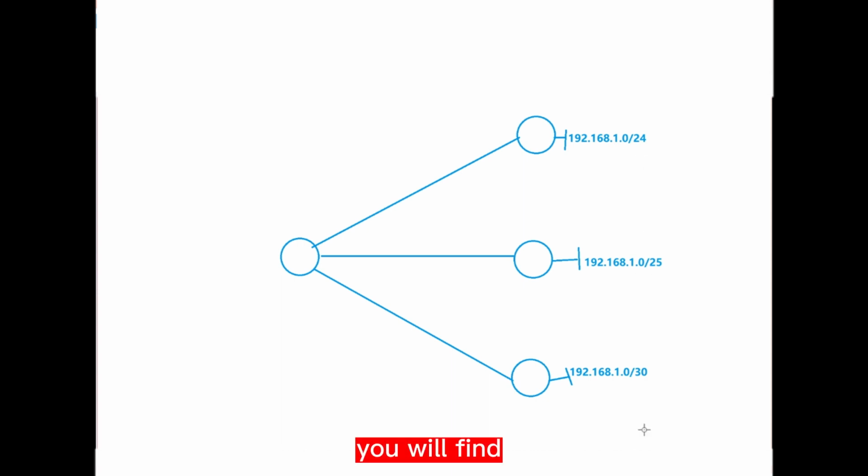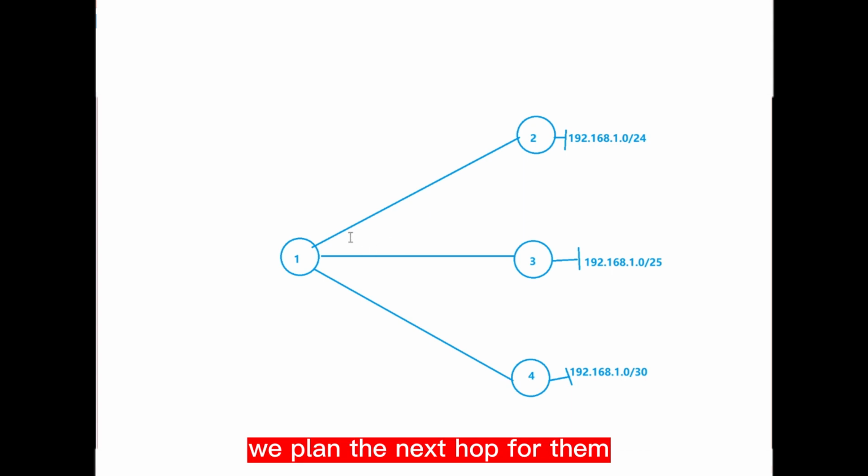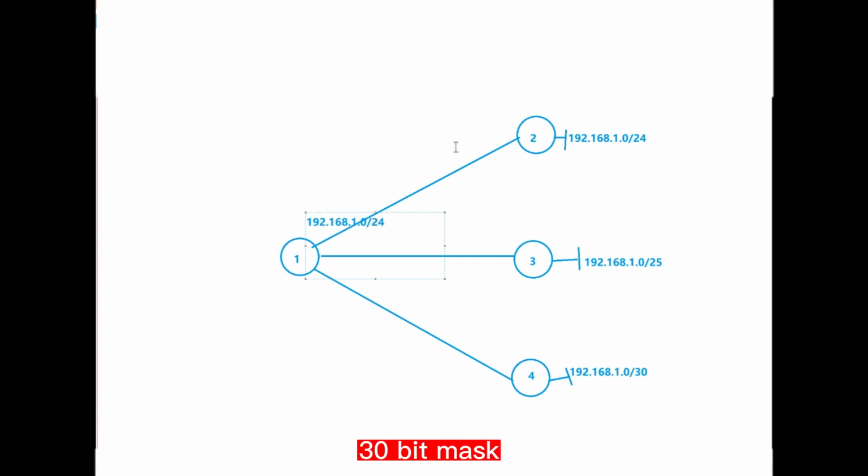You will find their 192.168.1.0 place is coincident. Let's say this is device 1, this is device 2, device 3, and device 4 below. We plan the next hop for them. Suppose here is 1.1.1.1 with a 30-bit mask.